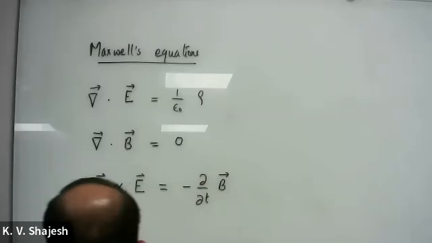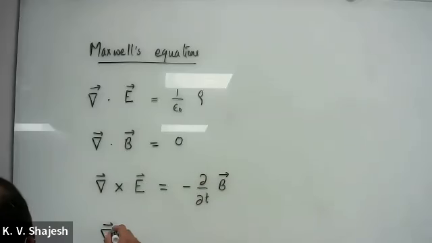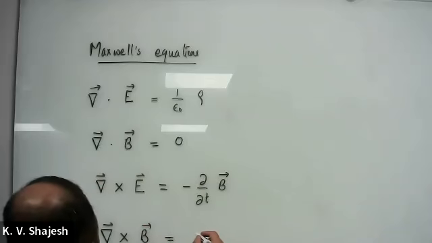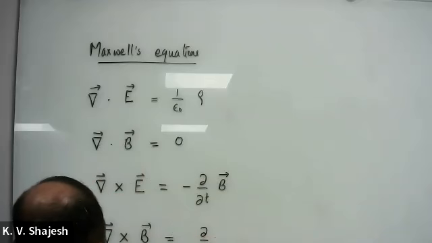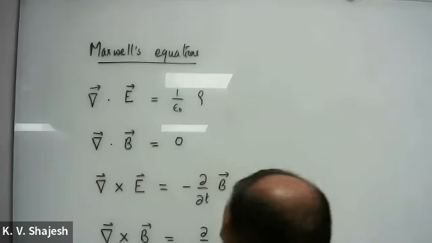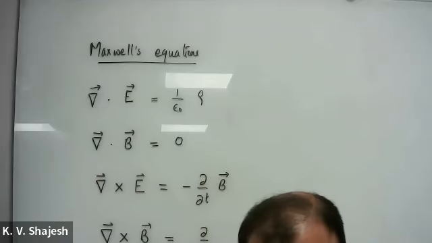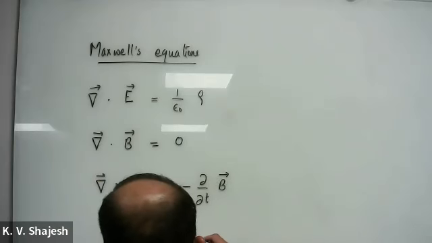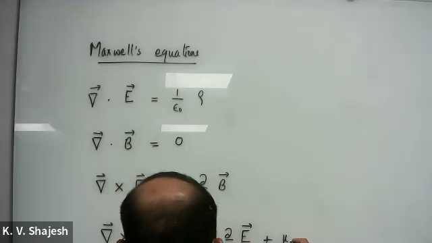And we have del cross H, which can be written in terms of B, is equal to, now it is the time derivative of epsilon. So there is a mu coming from this side also. I want to write this as mu naught epsilon naught times d by dt of E plus mu naught times J.